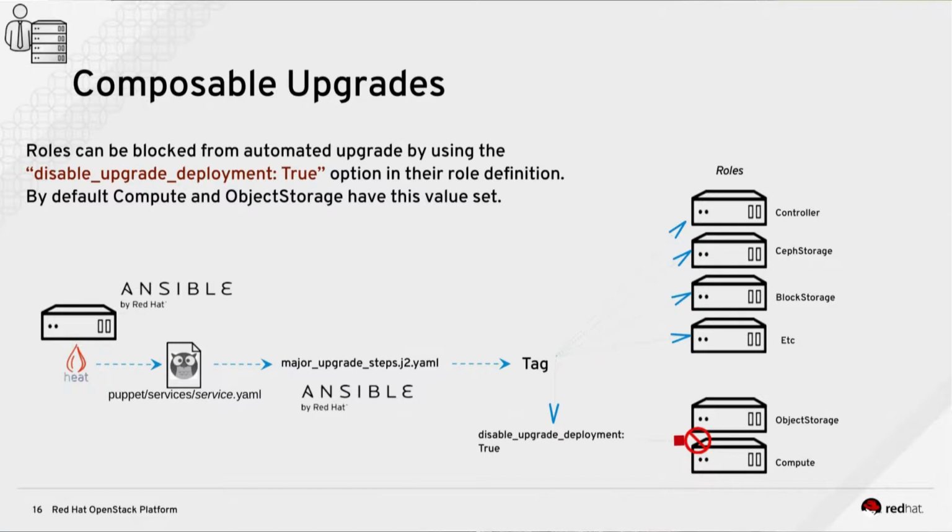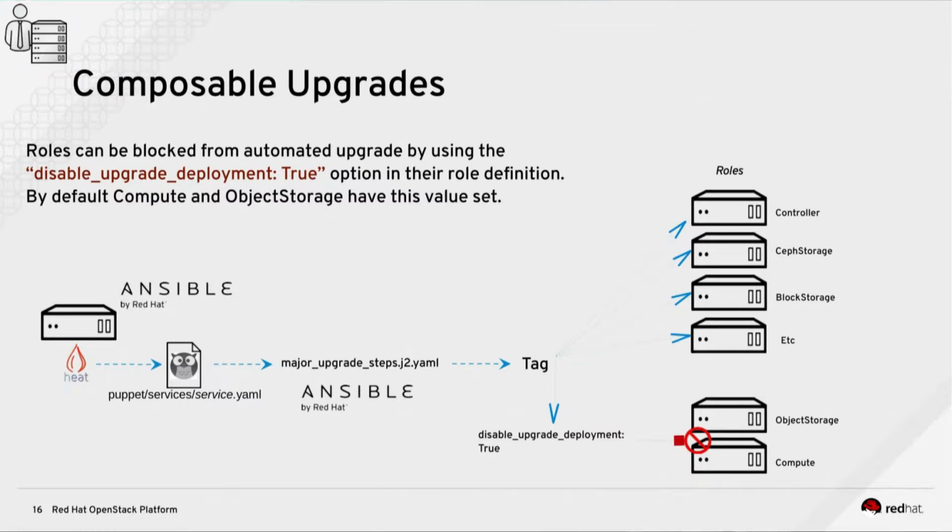And then the great thing about this is that in OpenStack, as I mentioned earlier, we have some critical bits and parts which we don't want to include in the upgrade. So this disable upgrade deployment is something which we necessarily keep in every single composable upgrade playbook, because certain things, due to compliance reasons, security reasons, or whatever, we are trying not to upgrade.